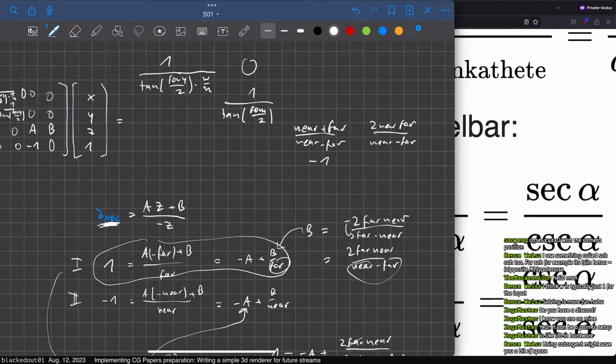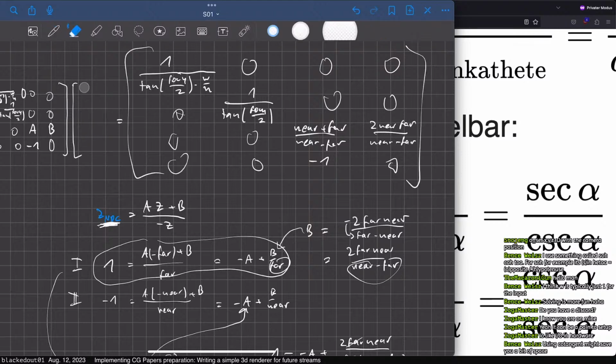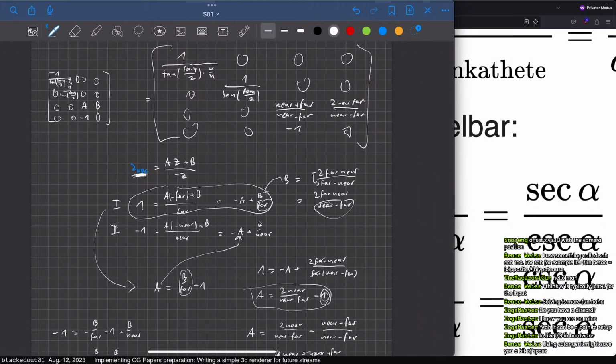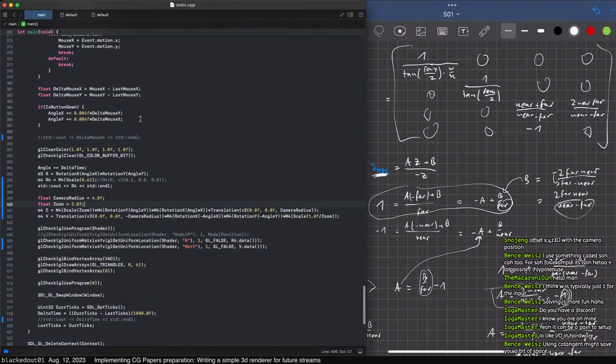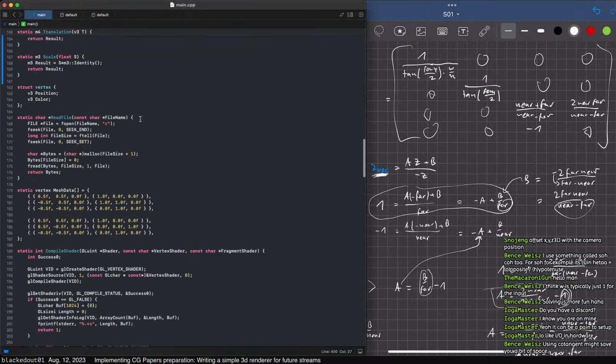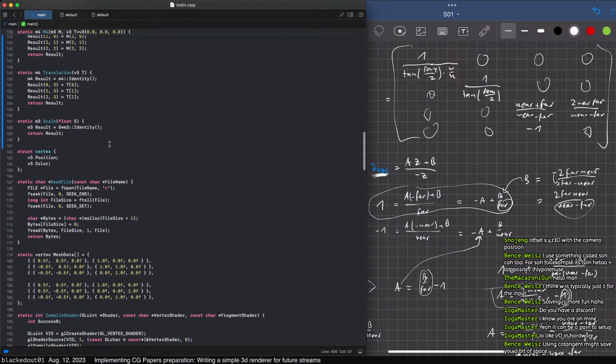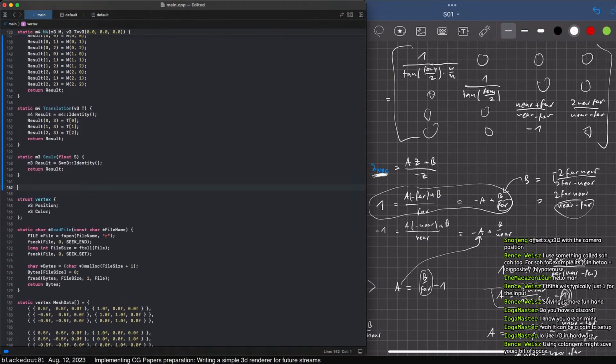So 0, 0, 0. Okay, so that's a projection matrix, which we can implement now. So static.